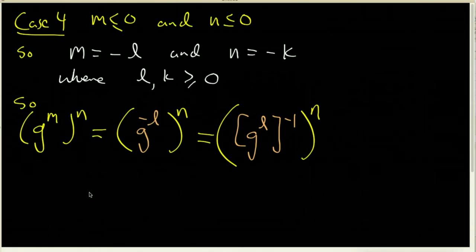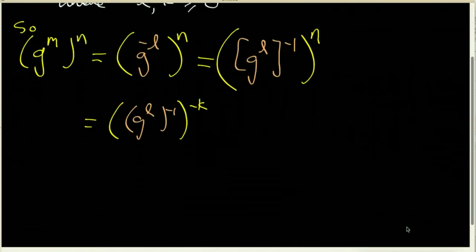Now, what I want to do at this stage is break down that n into a -k. So this is going to be g^L's multiplicative inverse raised to the -k. Now, what I want to do at this point is break that -k apart. I want a new symbol for this mess.